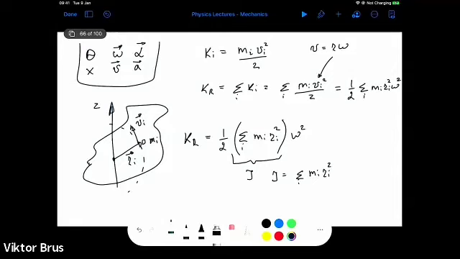First of all, we define the units for this moment of inertia. Its units are kilogram times meter squared.